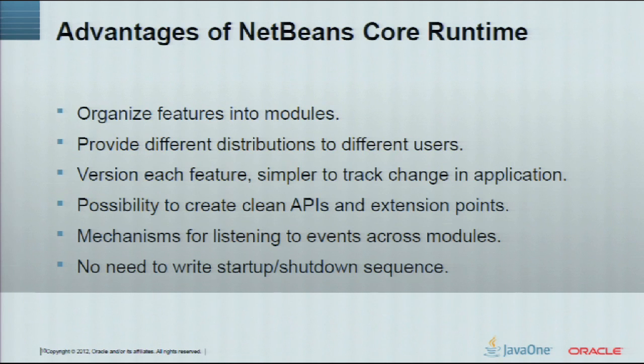Now, normally you would do that within jar files, and within these modules you have jar files. But the benefit of having an additional layer above jar files is that you can organize features into modules, which is something that you don't normally do with packages. You can't put a particular feature into a package. That's not normally what packages are used for.